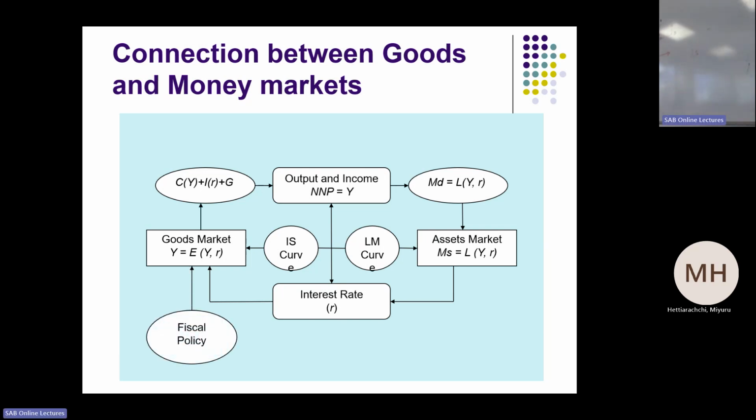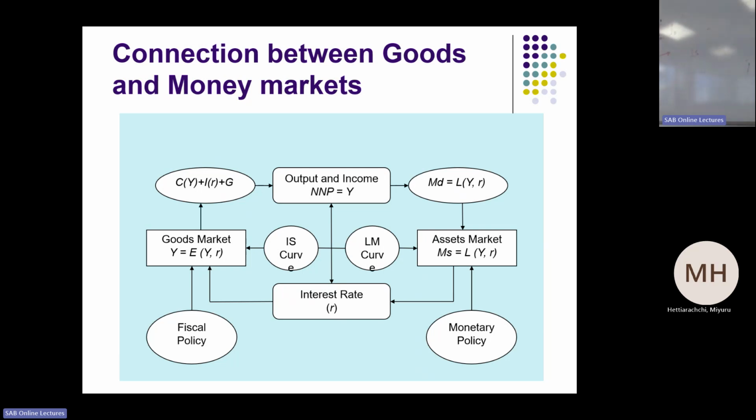You can incorporate this model to look at the policies. You can take fiscal policy on one side, monetary policy on the other side. Monetary policy affects the money market. Basically, the central bank changes the money supply and the interest rate.